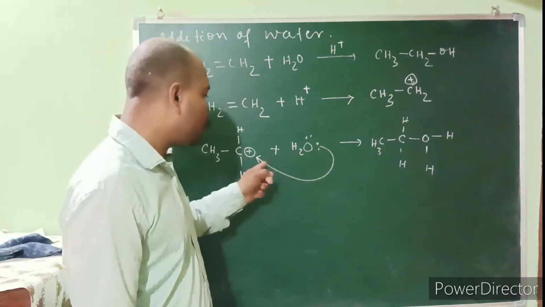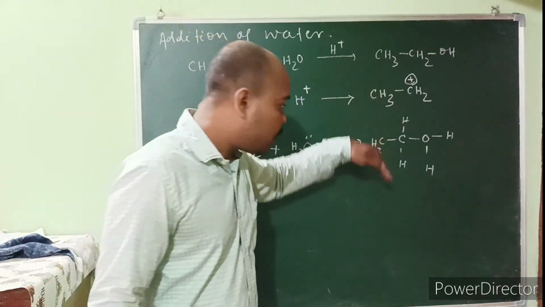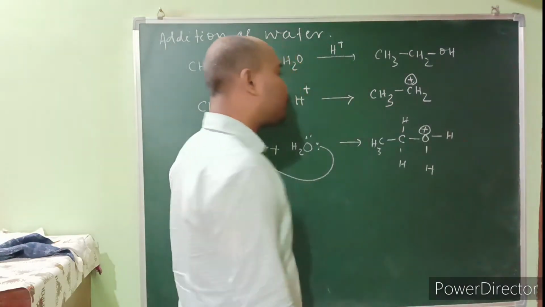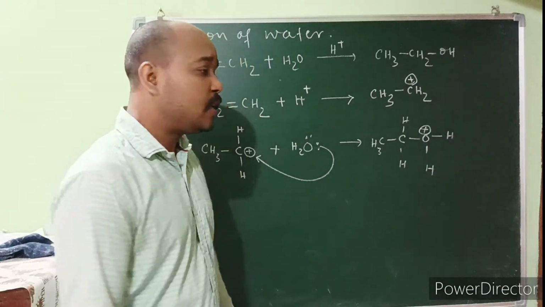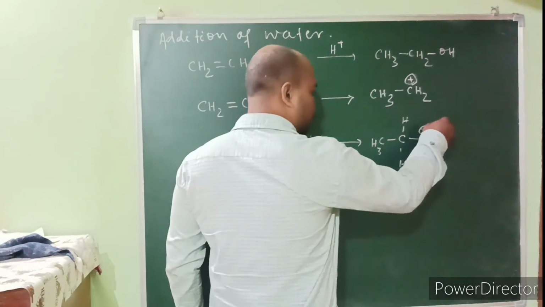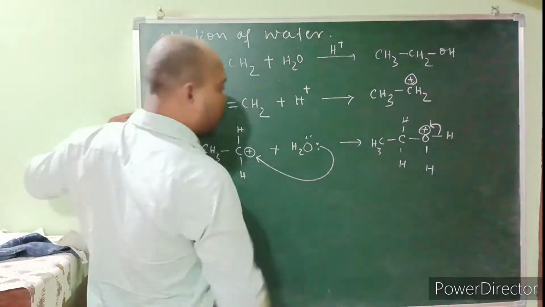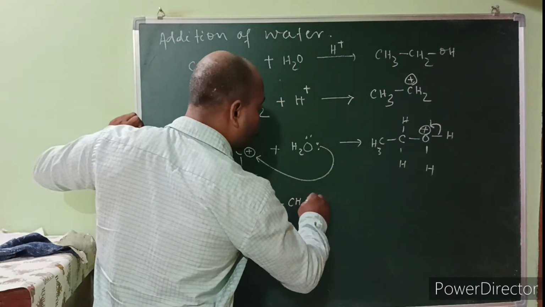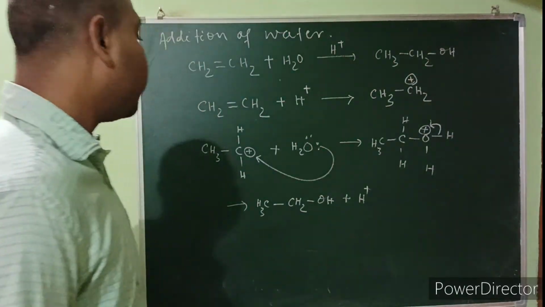That's why it will carry a positive charge. And I told you, whenever there is a development of positive or negative charge, it makes the molecule less stable. Then it will withdraw the nearest electron from the bond. Now, what will be your product? CH3 CH2 OH, and removal of H+. This is the mechanism.